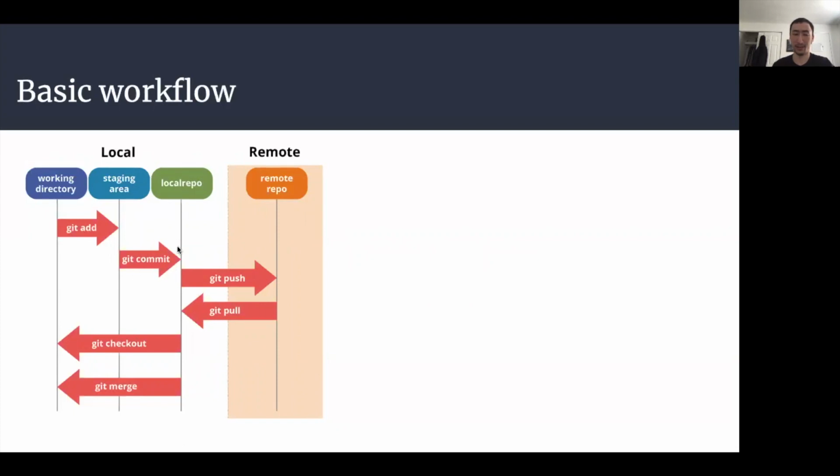After you've done multiple commits, you can push those changes using git push, and that will be saved to your remote repository, which is located in GitHub. This allows other developers to pull a copy of this remote repository, and they can also work on this repository collaboratively.